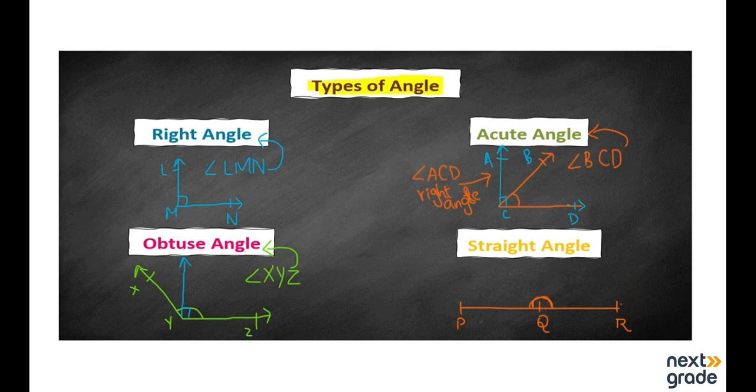PQR जो है it's not a right angle. ये right angle नहीं है. ठीक है? It is double a right angle, क्योंकि there are two lines that are intersecting at this point but they are straight. ठीक है? They are not vertical or horizontal. तो ये एक straight line है तो इसको हम straight angle कहते हैं.